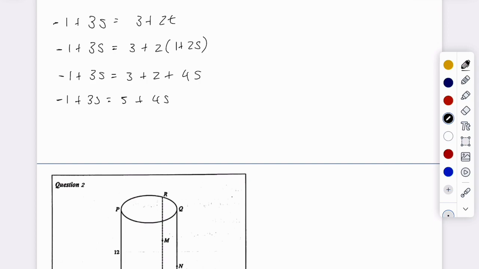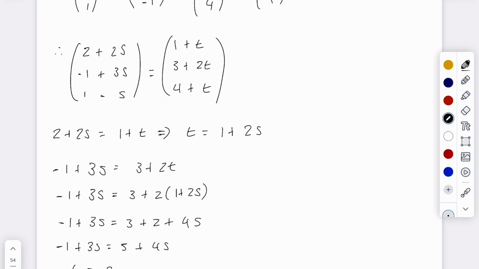Which means we can then solve for s. Negative 6 is equal to 4 minus 3s. So s is equal to -6. Cool, so we've got that value for s.